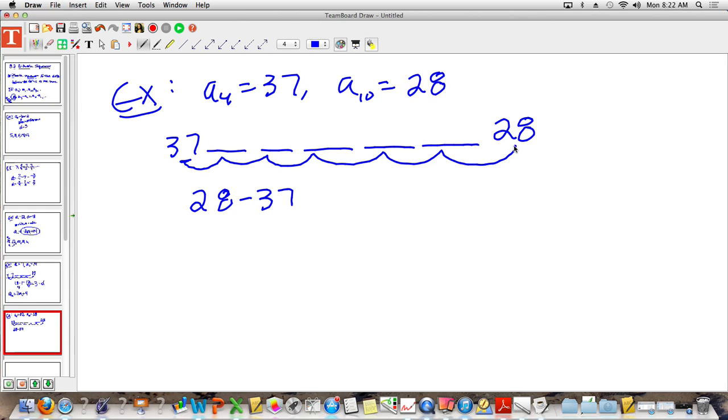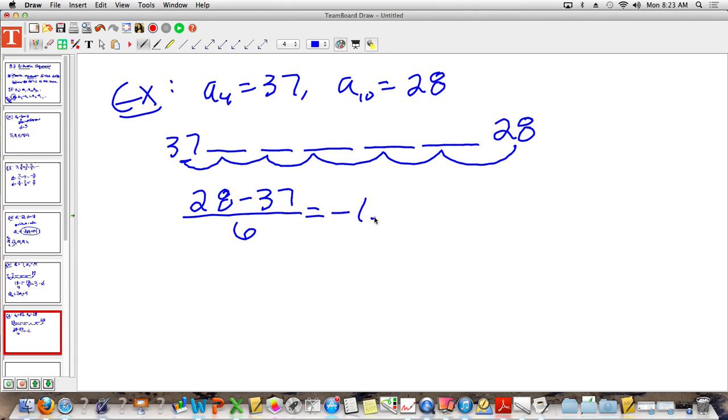It took 6 steps. So you're going to take this answer and you're going to divide it by 6. So 28 minus 37. What is 28 minus 37? Divided by 6 then is going to give you a difference of negative 3 halves, I think.